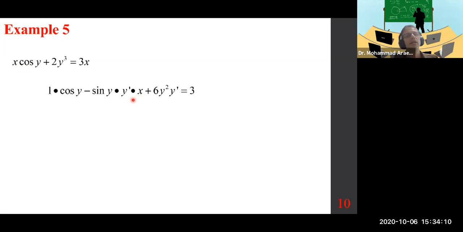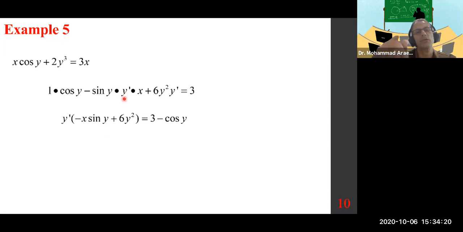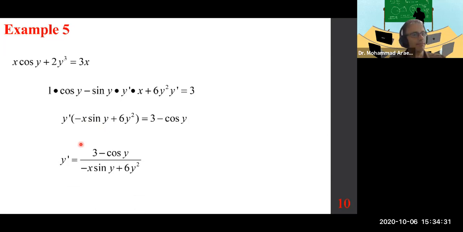Okay. Now again, all you have to do, move this part. So cosine y moves, then you have y prime, and you factor out. Notice these two pieces give us this. This goes to the other side with a minus. Divide both sides by the parentheses, and you are done. It's that simple, class.